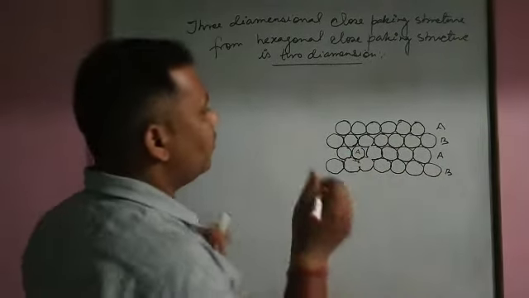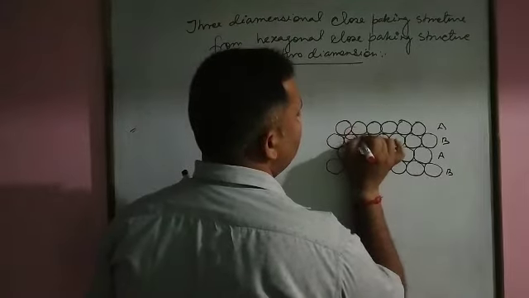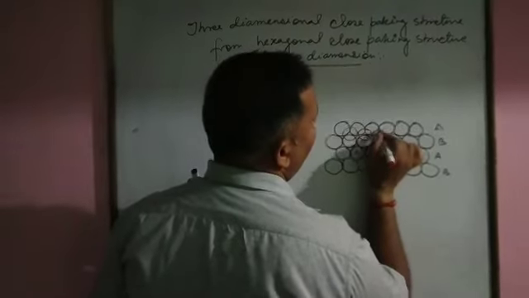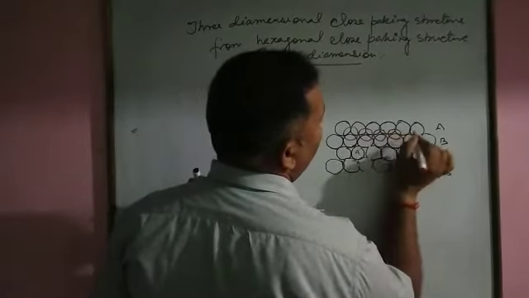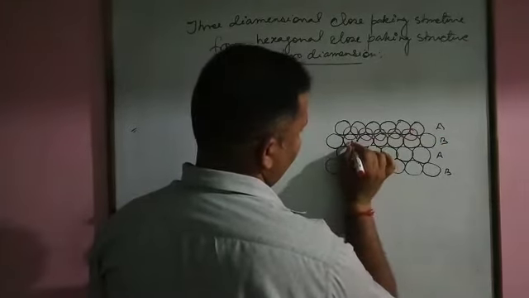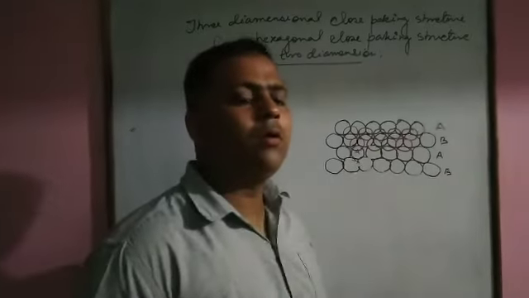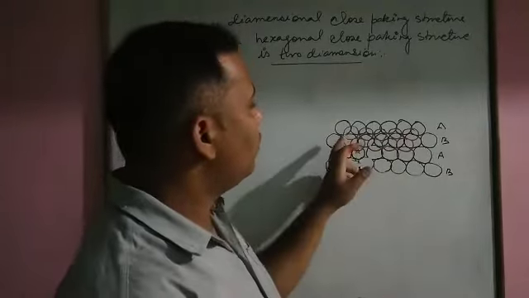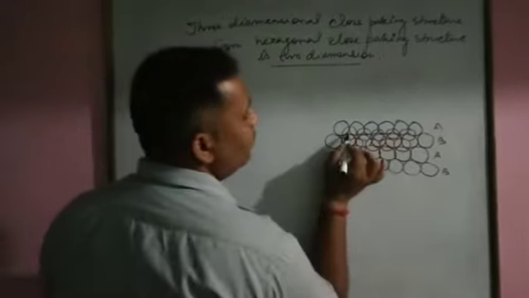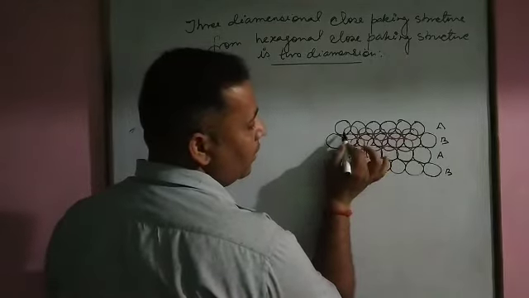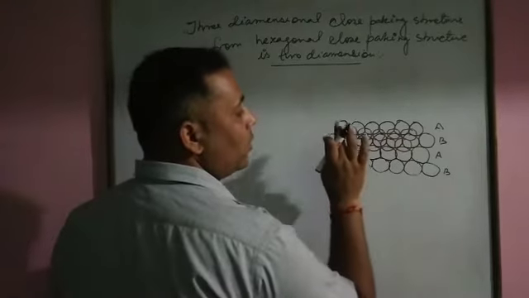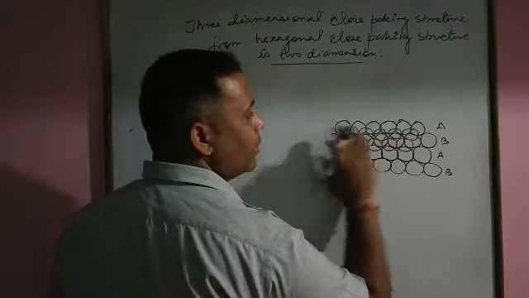Let us do it, like this. In this type of arrangement, this one is the depression of the first row. We are placing the center of the second row sphere over it, like this. It means the atoms or spheres of the second row are placed in the depressions of the first row.